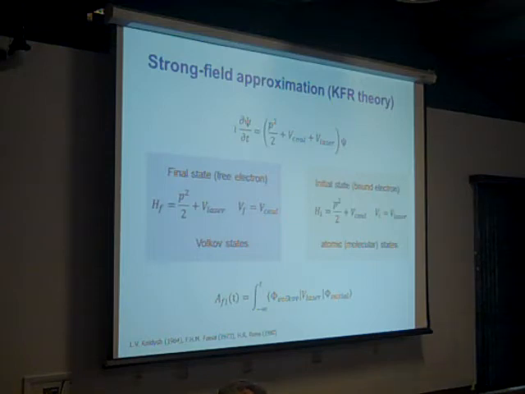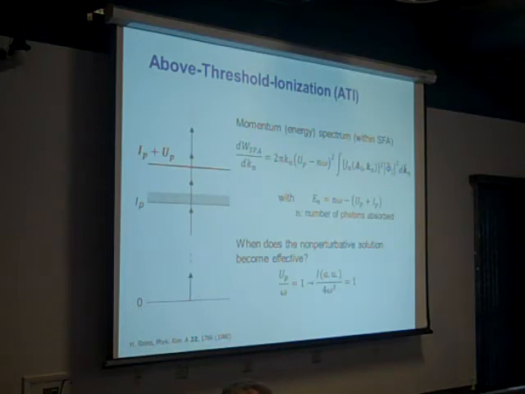Okay, so this you can write down, and now let's see exactly what it gives us. Since we have treated this non-perturbatively, maybe we have included everything already, and actually we have. It gives us the following. You can write down the momentum or energy spectrum as a differential rate, depending on the momentum of the electron, and it gives us this form here, where n is the number of photons that are absorbed.